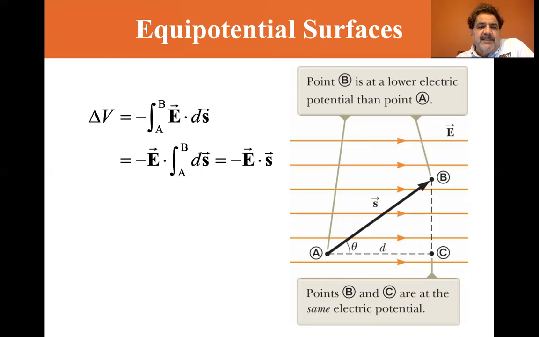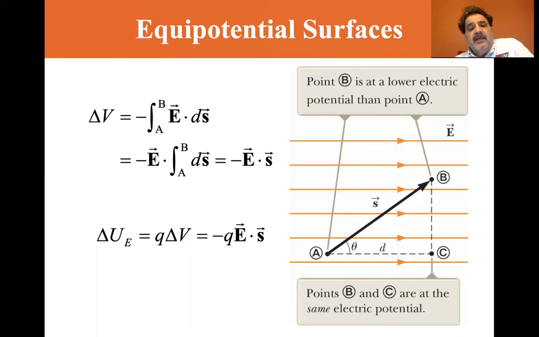Delta V equals minus the integral from A to B of E dot ds, equals minus E times the integral from A to B of ds, equals minus E s. The change in electric potential energy is equal to Q delta V, equals minus Q E dot ds.